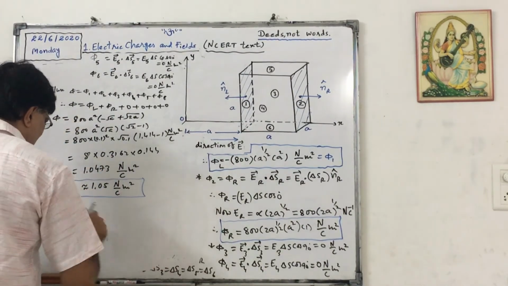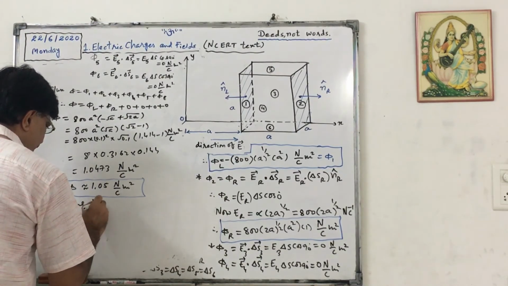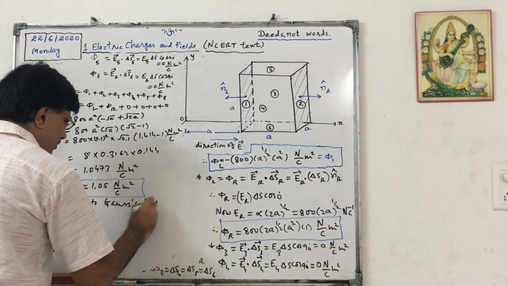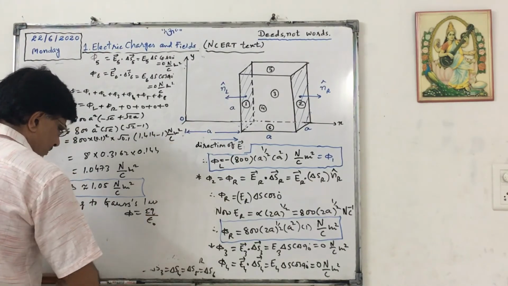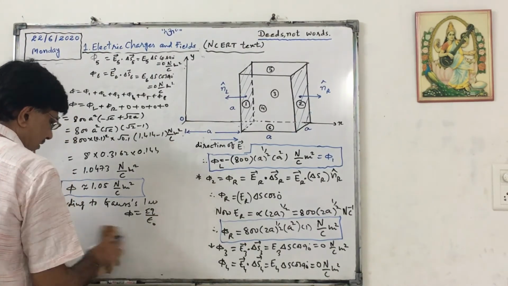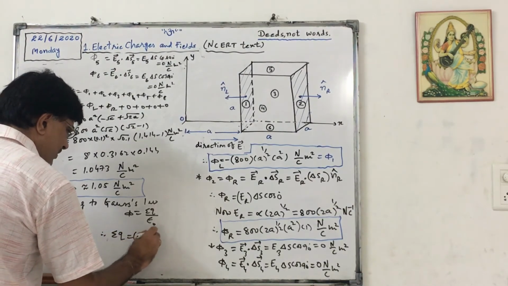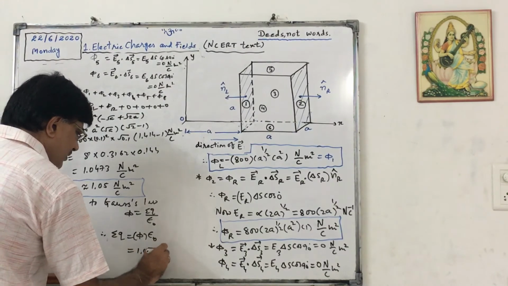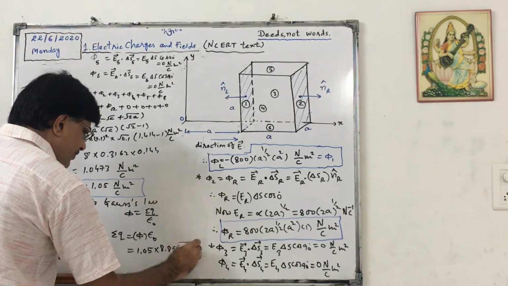Now according to Gauss's law, flux will be equal to sigma q upon epsilon naught. Therefore sigma q equals flux into epsilon naught, which can be written as 1.05 into 8.854 into 10 raised to minus 12.